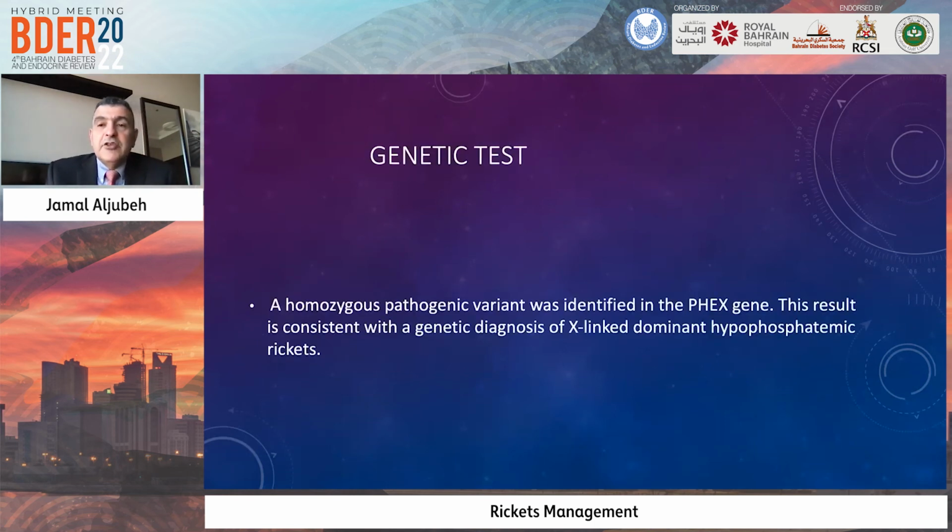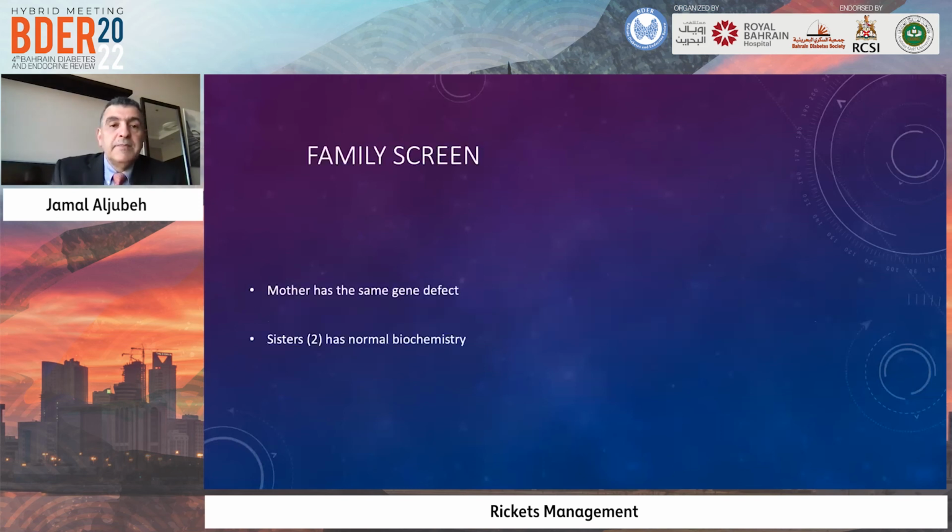Genetic testing showed a mutation in the PHEX gene, confirming X-linked hypophosphatemic rickets. His mother also had the same mutation. So the mother had hypophosphatemic rickets all her life and was never diagnosed before, even though she required orthopedic surgery.